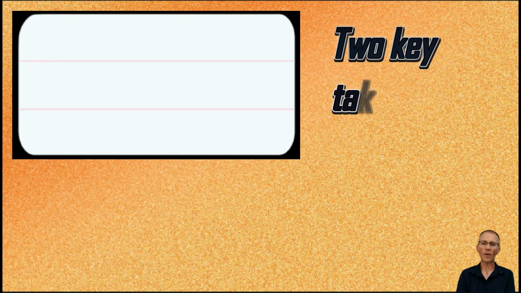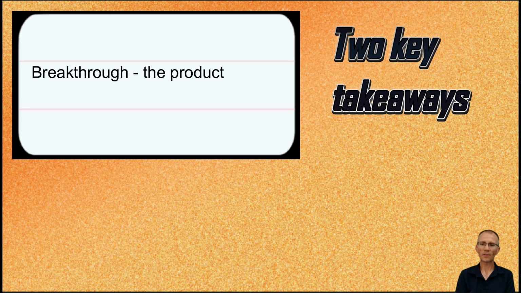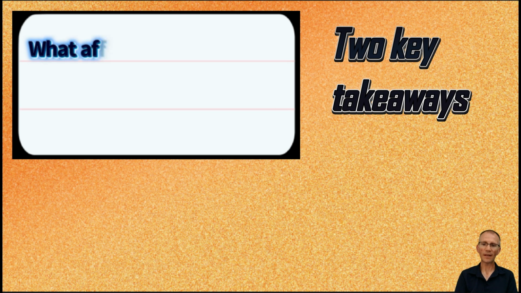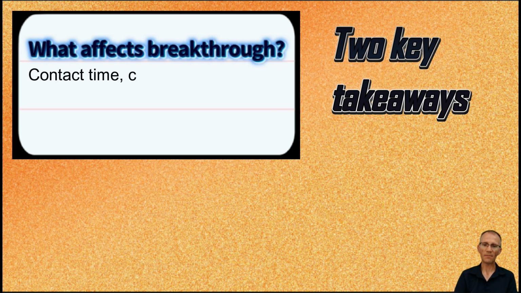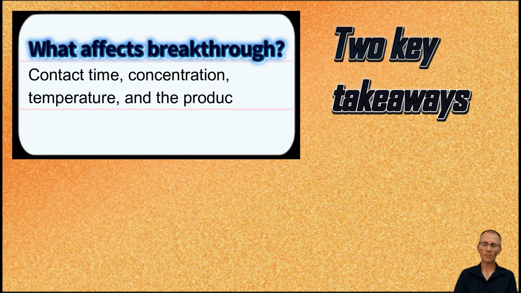Two key takeaways from this slide: understanding what we mean by breakthrough. So that would be like the product moving through the PPE. So there is a chance that products can break through your PPE. You need to remember the things that can affect the extent of the breakthrough are contact time, concentration, temperature, and the product itself. Those all make sense. Think about the product itself.